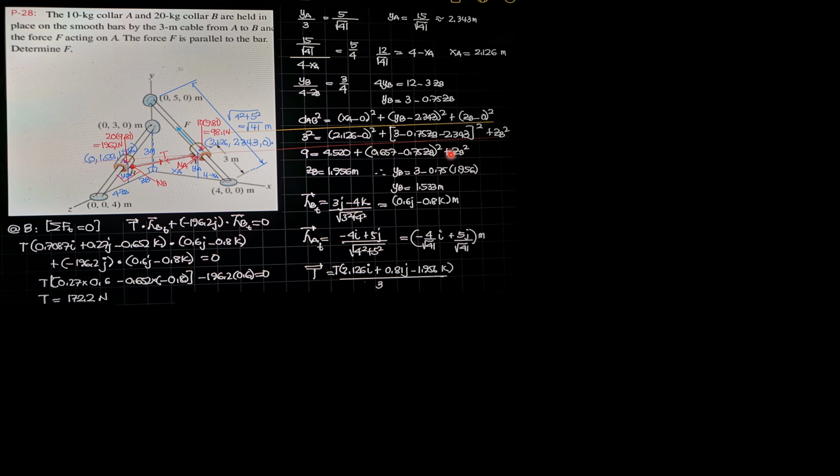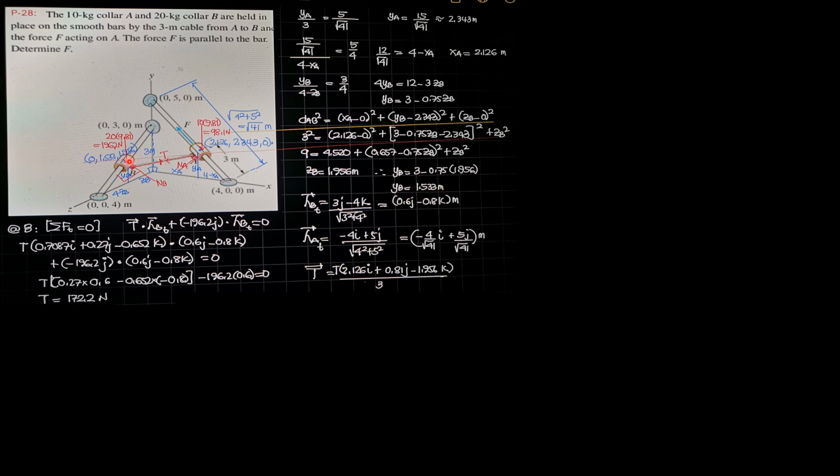I'll just use the high-tech calculator because that's allowed in your case. So solving for Z sub B, it is 1.956 meters. If Z sub B is 1.956 meters, YB is 3 minus 0.75 of 1.956. So YB is 1.533 meters.